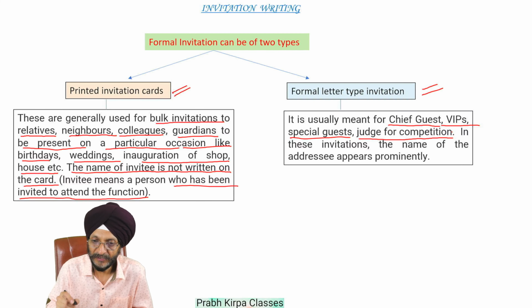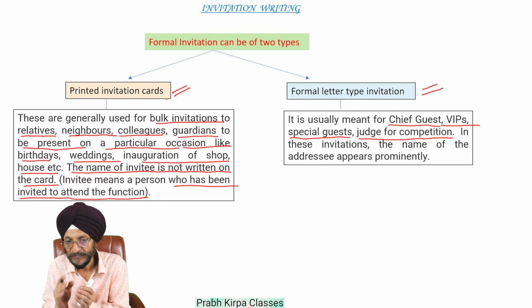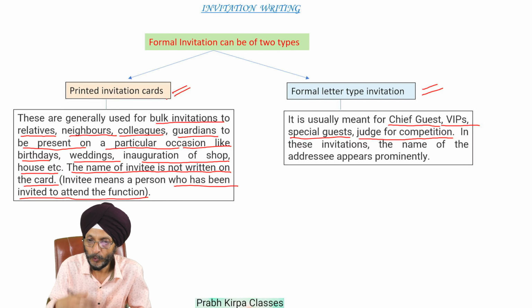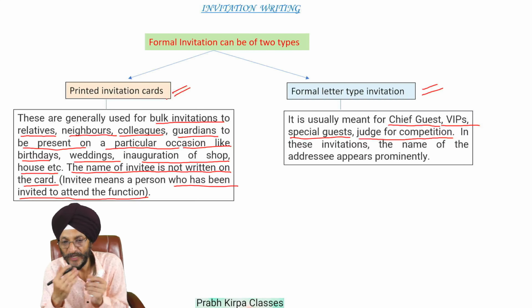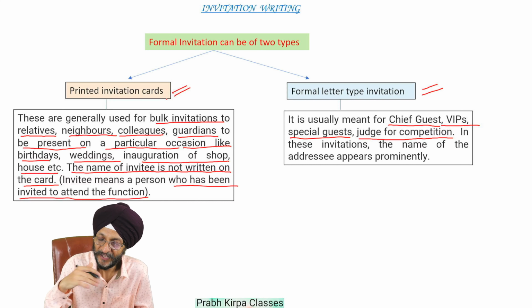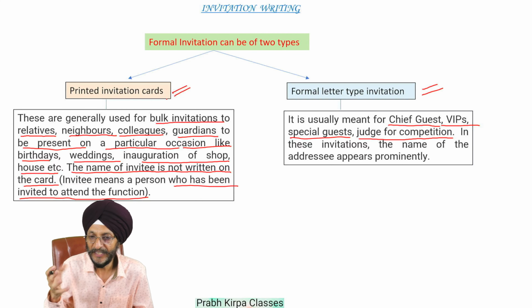So here we cannot use printed invitation cards. Here we have to write a specific letter, which is called a formal letter type invitation, because we have to give them some preference, or show that they are very important to us. If we send a printed card, they will never come.